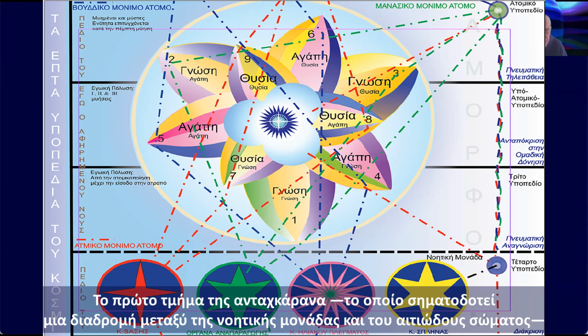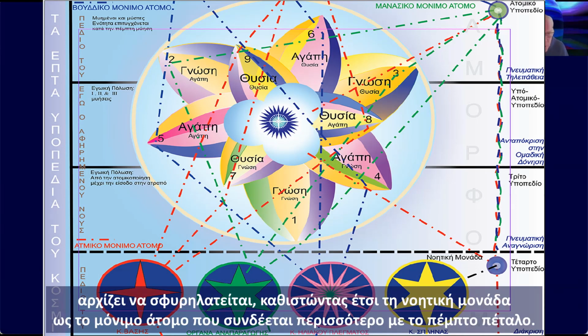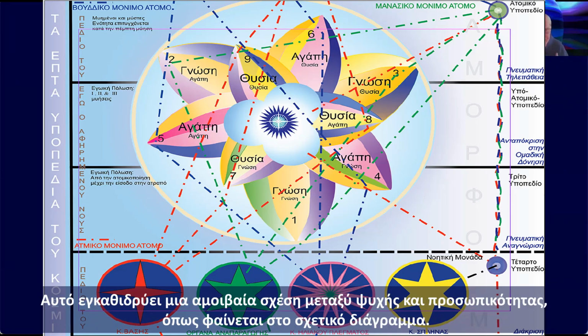The first part of the Antahkarana, which marks a path between the mental unit and the causal body, begins to be forged, thus making the mental unit the permanent atom most associated with the fifth petal. This sets up a guiding rapport between soul and personality, as shown in this chart.